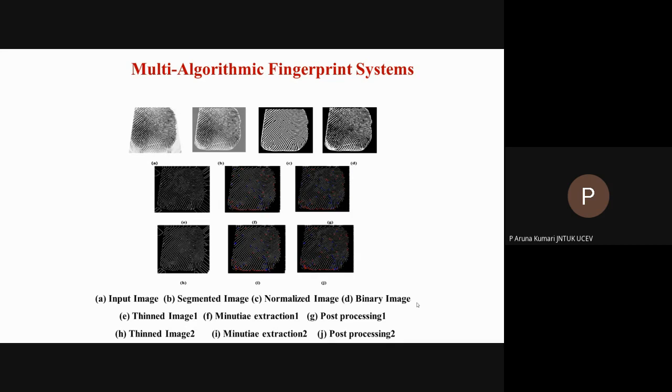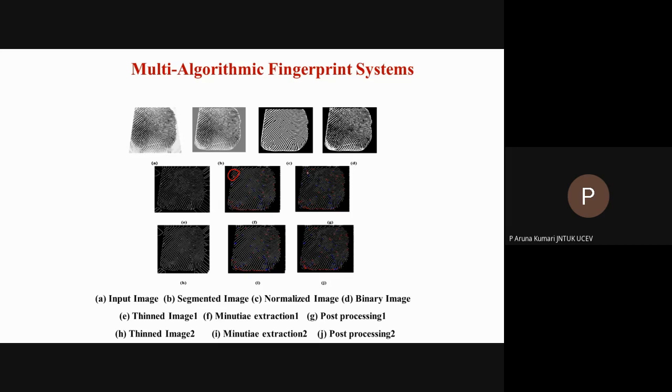Minutiae points means, in general, if you observe your fingerprint, we may get loops, and there may be ridge ending points. For example, if you observe here, this is called a ridge ending point.